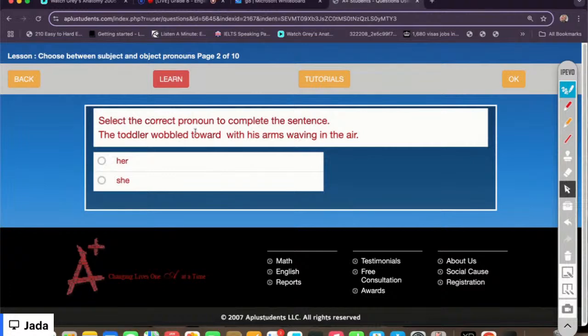So, the toddler wobbled toward dash with his arms waving in the air. Wobbled toward her or she? What is the right pronoun here?